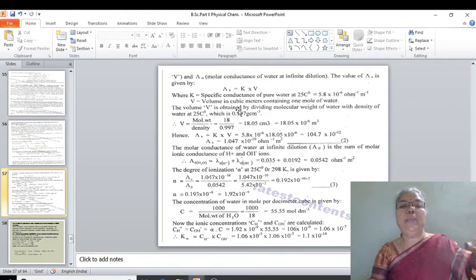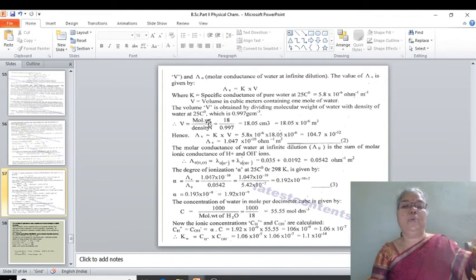The volume phi is obtained by dividing the molecular weight of water by the density at 25 degrees centigrade, which is 0.997 grams per centimeter cube. Therefore, we can calculate the volume.